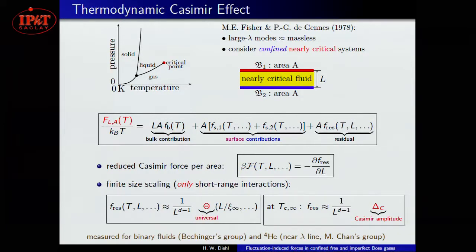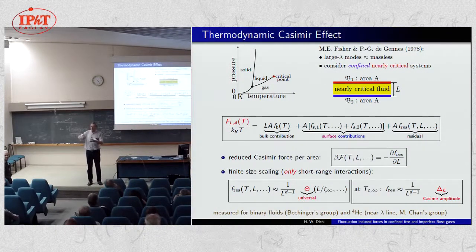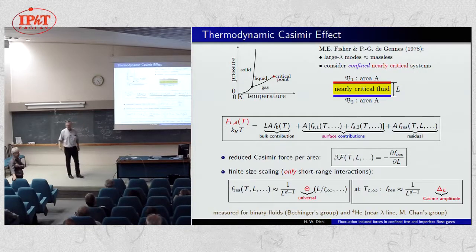You see, if you take a classical phi to the 4 model, then there's a quadratic term c times phi squared, and the c corresponds to a short-range potential. And if you have in mind binary liquids, then of course you would also have to add a surface field, which I did not do here, because you generally have a one-body potential also.